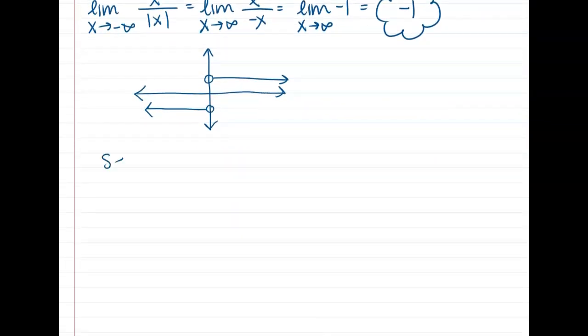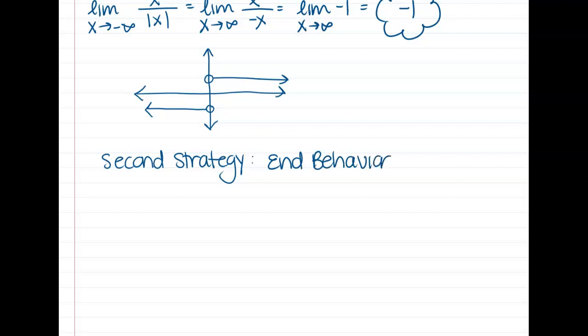Our second strategy for horizontal asymptotes is end behavior models. And essentially we look at the dominant terms.